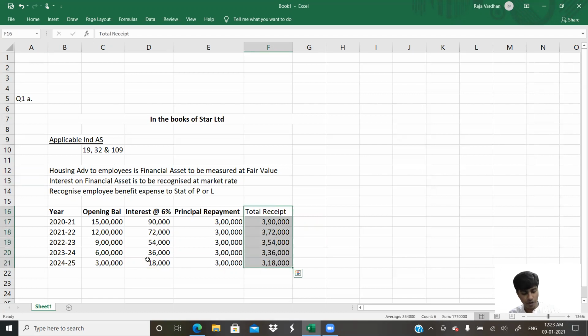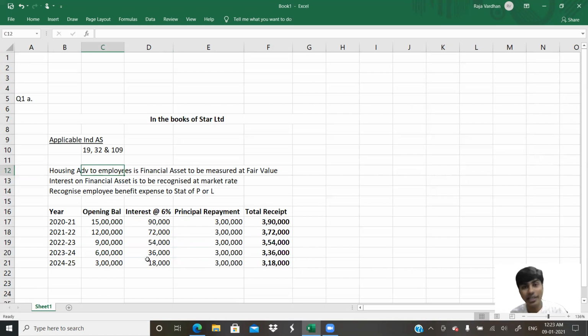And this accountant of ours, what he has done is, he's recognized this 90, 72, 54, 36, 18 as income. And he's recognized the asset at what rate? Asset at 15 lakhs. That's the mistake. Why? What did I tell you? Housing advance to employees is a financial asset and it should be measured at fair value. So when we record at fair value, what should we do?